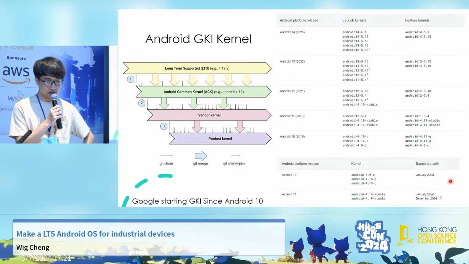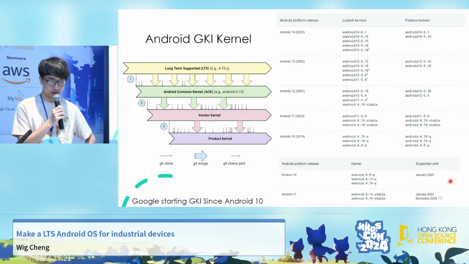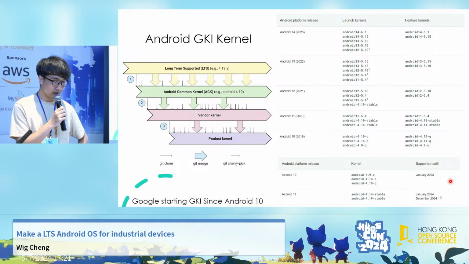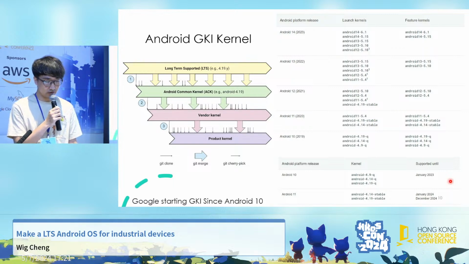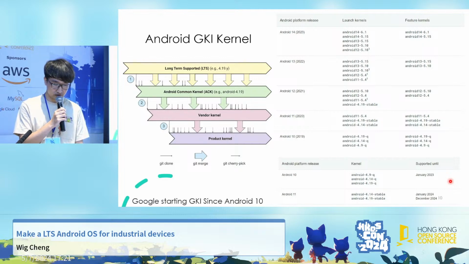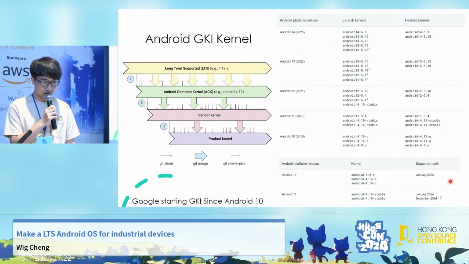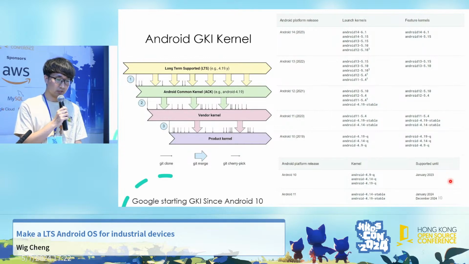So they take the kernel from the Linux upstream with a long-term support version and customize it into their own Android common kernel, which we call ACK. Vendor kernel means Rockchip or NXP will take the ACK kernel to make their own vendor kernel. And the product kernel is made by us.